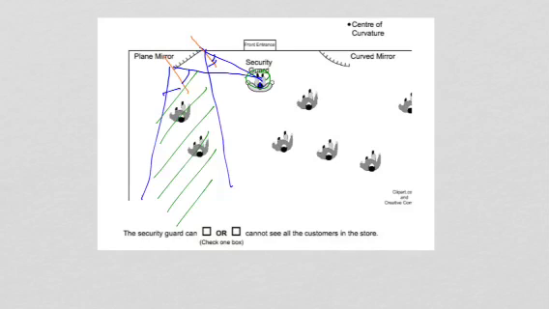That's to help you draw your normals for the mirror. Because at any one point on the mirror, if I draw a line through the mirror linking it to the center of curvature, that line would be coming out of the mirror perpendicular to that surface.